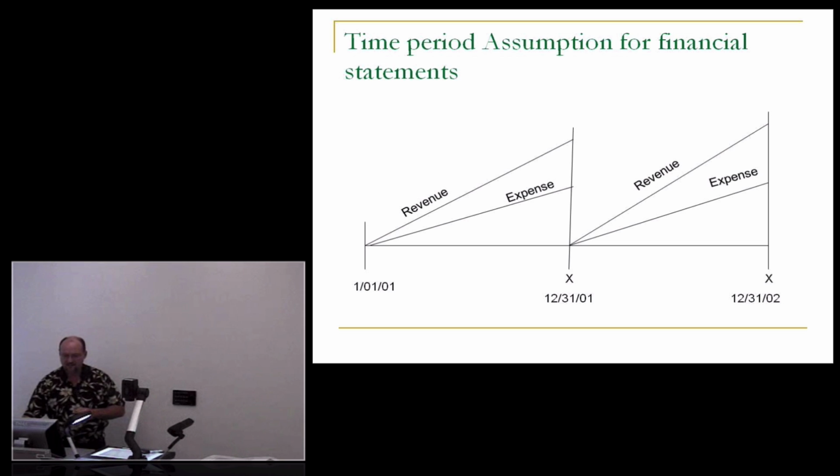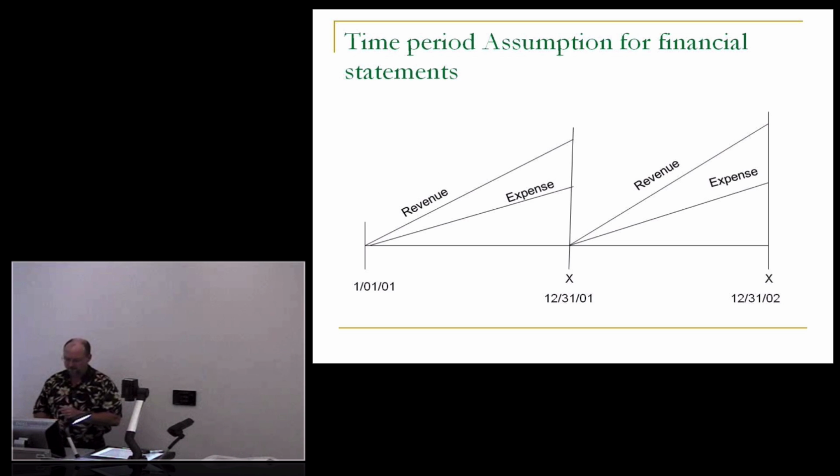So we add up all the revenues throughout the year, and we add up all the expenses throughout the year. Then our income statement is revenue minus expense equals net income or net loss. If revenues exceed expenses, as they did in this example, and hopefully that's normally the case, then you have net income. If expenses are greater than revenues, you would have a net loss.